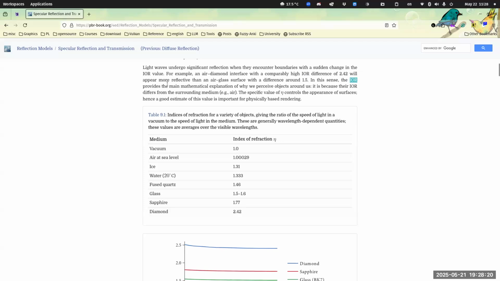IOR also provides the main mathematical explanation of why we perceive objects around us: it's because the IOR differs from the surrounding media. The specific value of eta computes the appearance of a surface, and a good estimate of this value is important for physically based rendering.